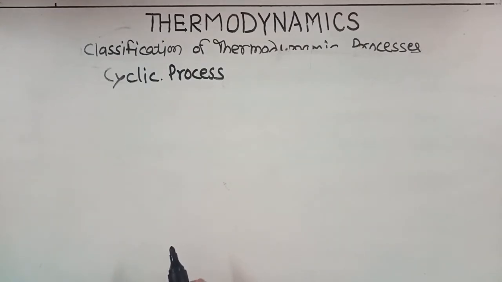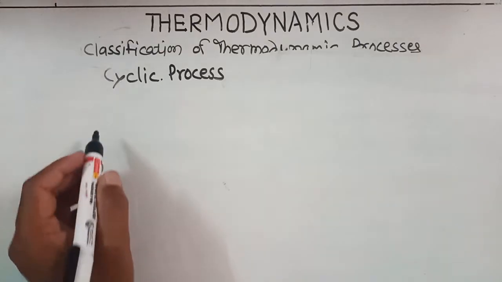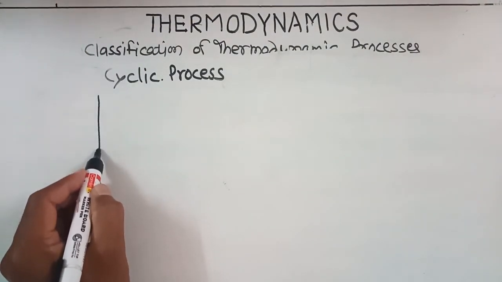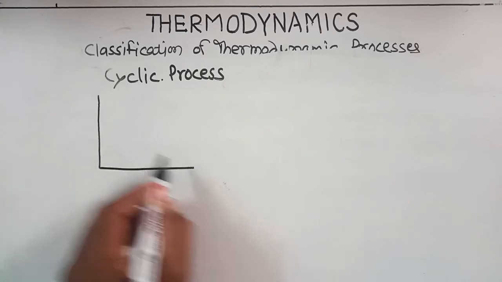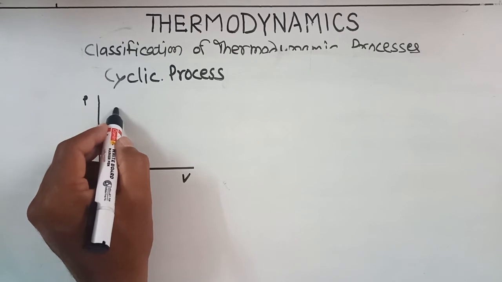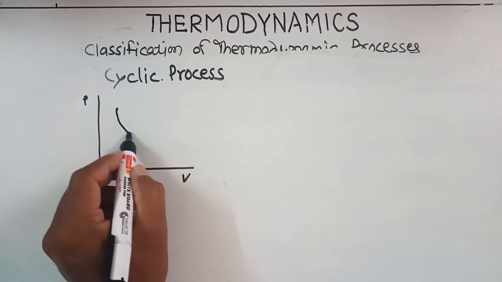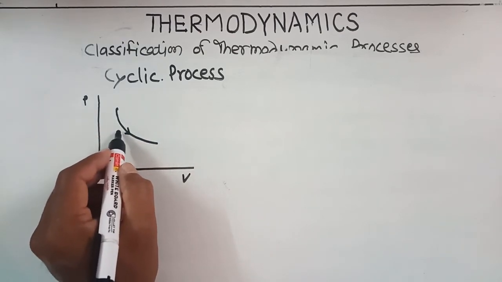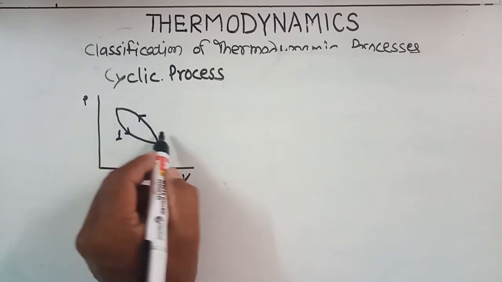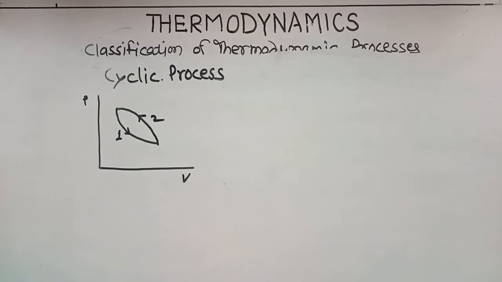A process in which the system returns to its initial state is known as the cyclic process. Now let us see the PV diagram of the cyclic process. This is the pressure, this is the volume. Suppose this is the initial state, the system goes in this way to this point B, and again the system returns to the same point. Then this process is known as the cyclic process.